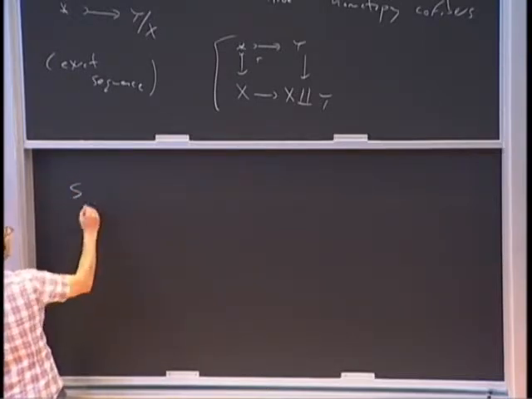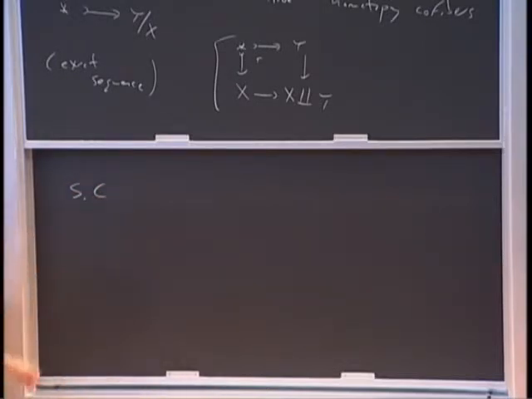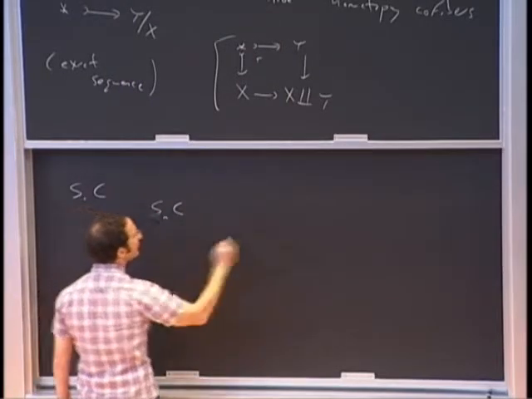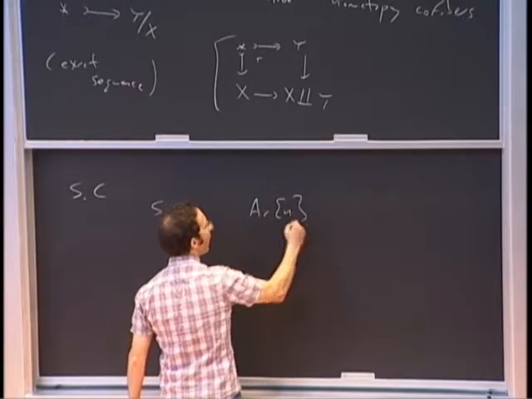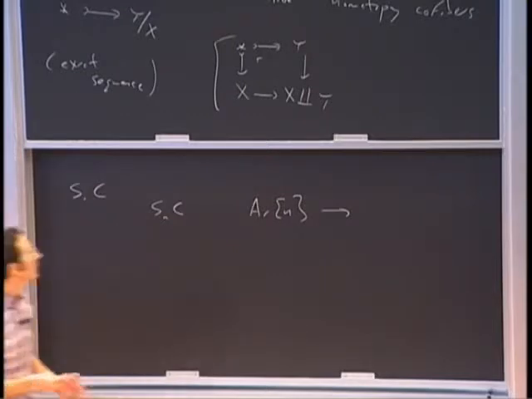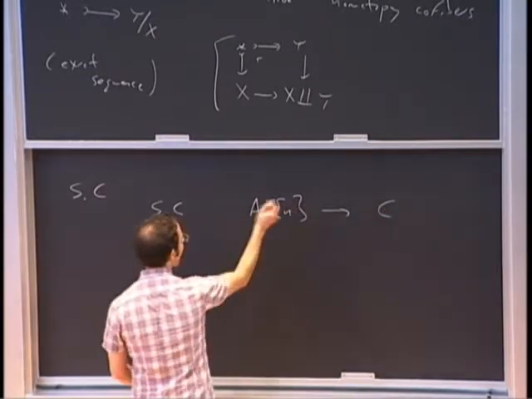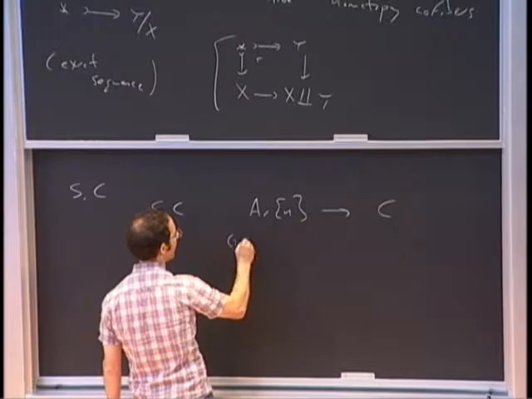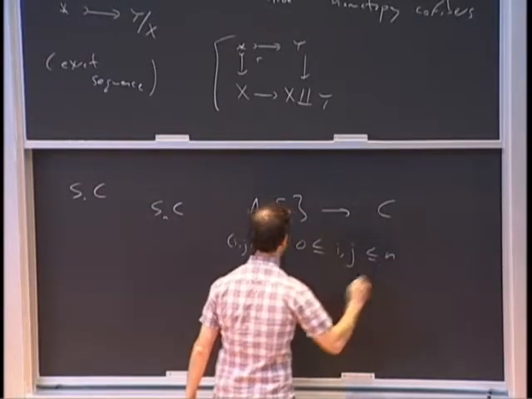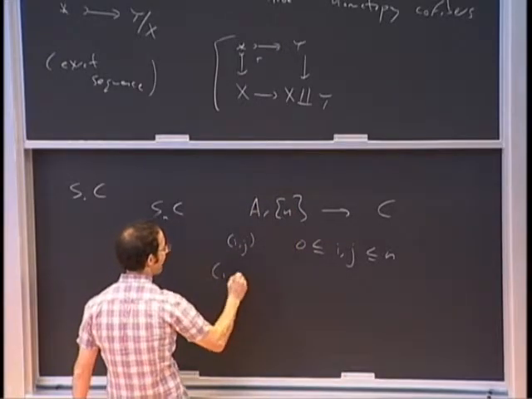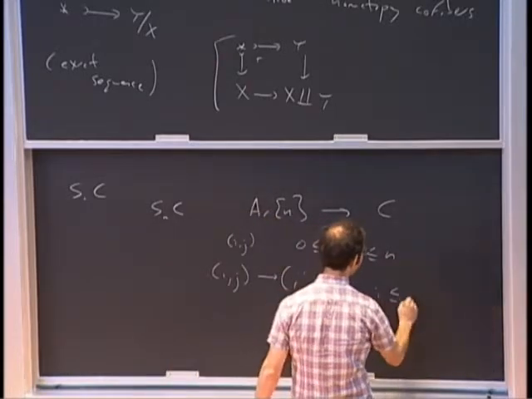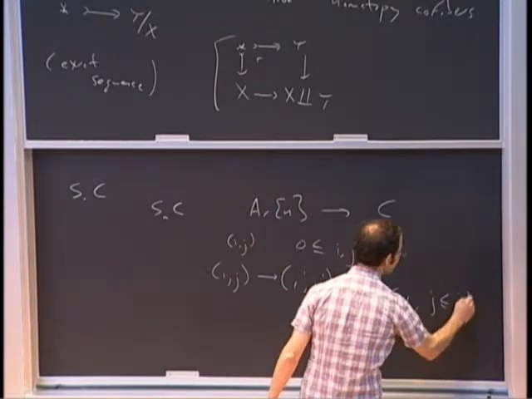So Waldhausen defines a simplicial category out of this data where S_n of C is a subcategory of the functors from the arrow category on [n], which I think of as the ordered set, to C. And what this looks like is, the objects are pairs (i,j), where 0 is less than or equal to i, and i is less than or equal to j, which is less than or equal to n. And there are maps from (i,j) to (i',j') if i is less than or equal to i' and j is less than or equal to j'.